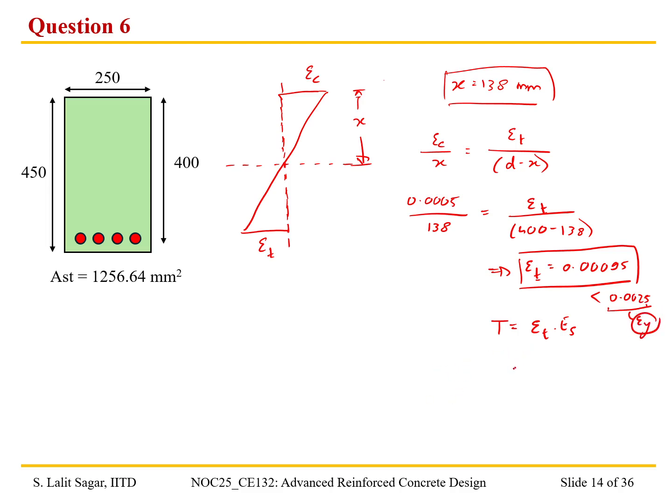So when we multiply this value of strain with the elastic modulus of steel, we obtain the tensile force as how much? 238.6 kilonewton is the tensile force in the rebar.